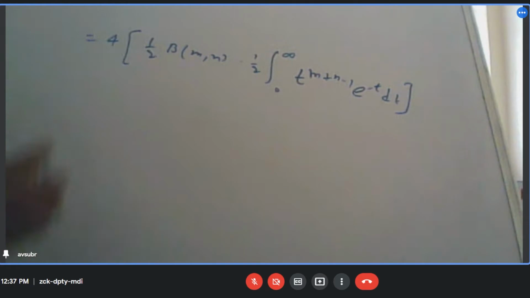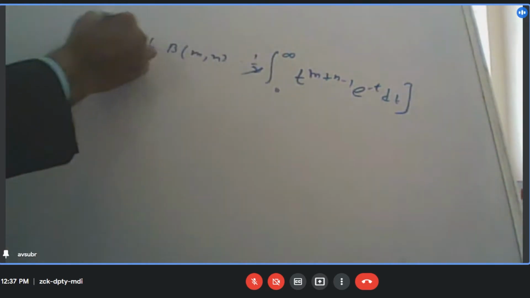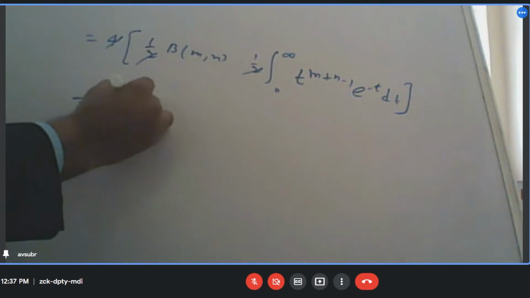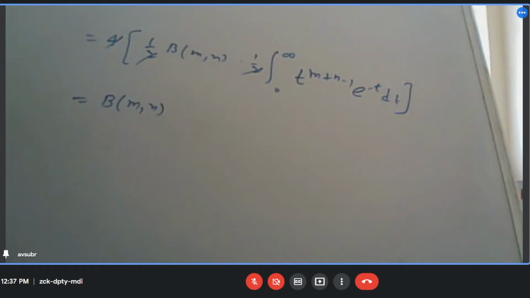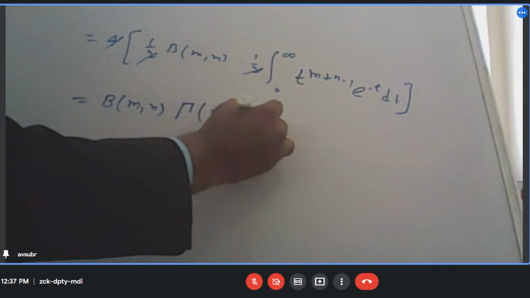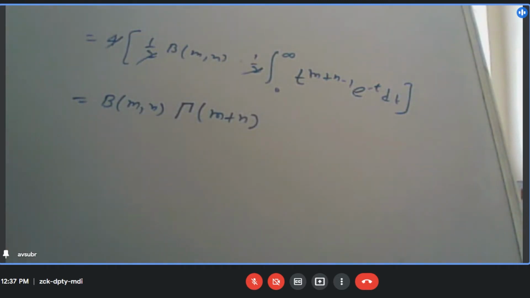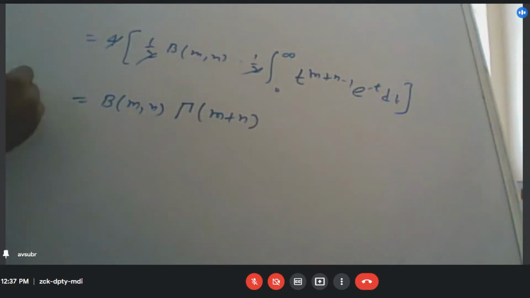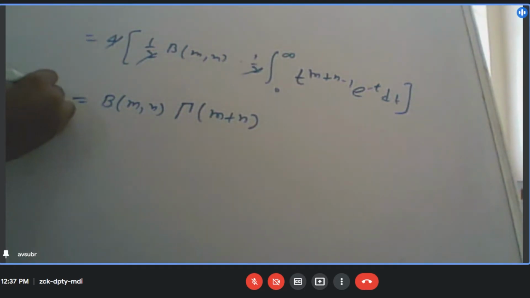So this is equal to 4, and 4 will cancel out. So this will be beta mn, and this will be nothing but gamma m plus n. Is it or not? All right. So this was equal to gamma m into gamma n. This is what we were trying to find out.